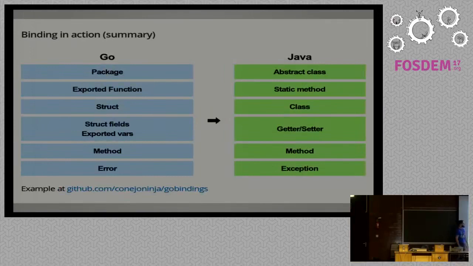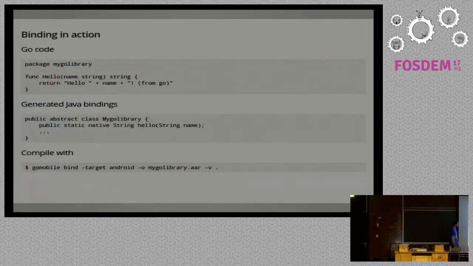The package will be transferred into a class, and the Hello function is now a static method of the myGoLibrary class. One thing to point out is that in Go we have the uppercase H, but in Java it is lowercase.